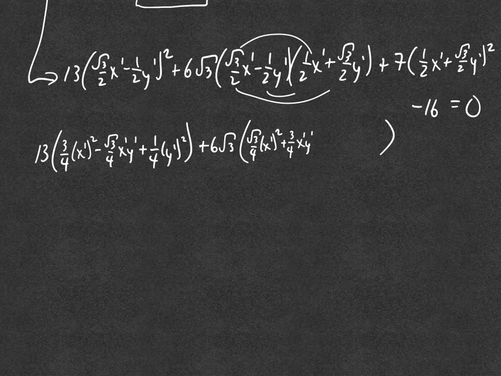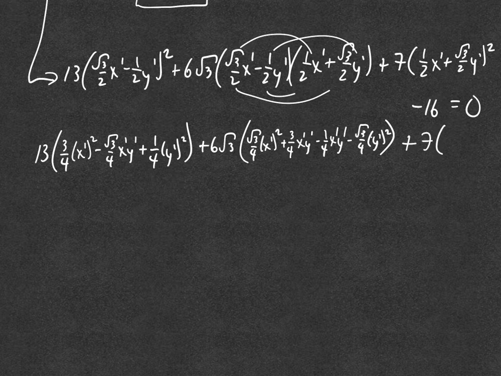The inside, negative 1/2 times positive 1/2 would be negative 1/4 x prime y prime. And then the last, negative 1/2 times the square root of 3 over 2 would be negative square root of 3 over 4 y prime squared.